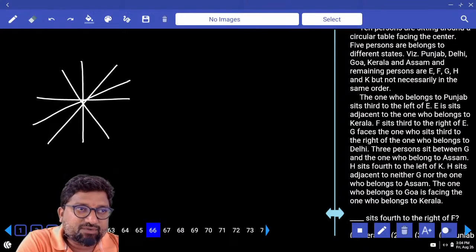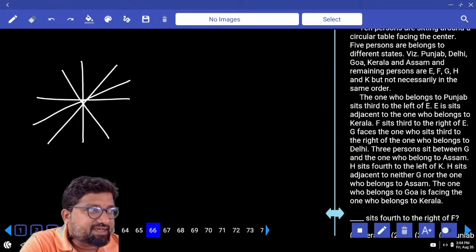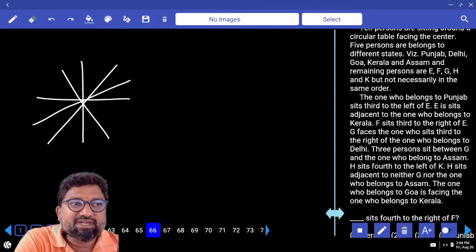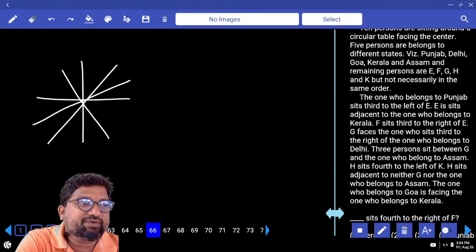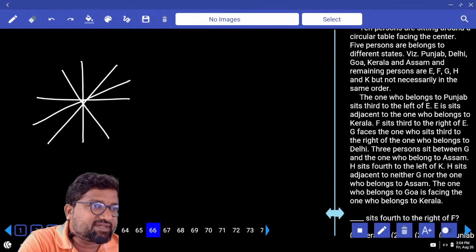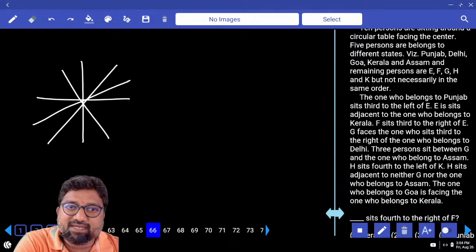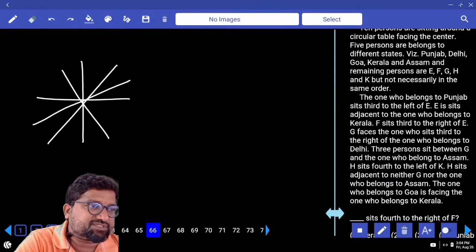That's why, whenever you see a question where there are an odd number of people sitting around a circular table, you will never have any clue mentioning the opposite position, and you will never get a question asking who is sitting opposite to whom. Is this clear? So when there are an even number of people sitting around a circular table, pakka guarantee you will have somewhere or the other a clue about opposite position.